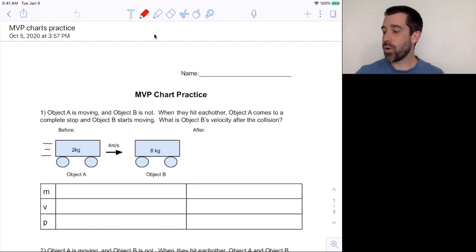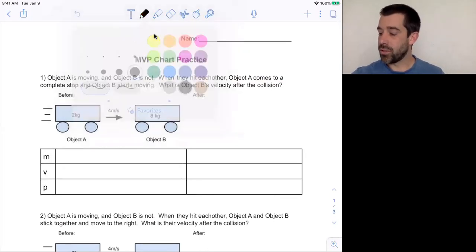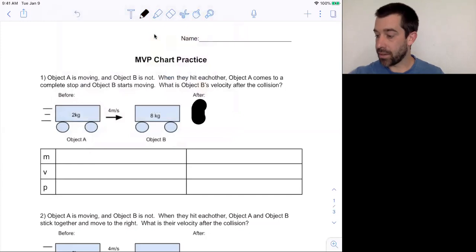All right, so question one, first thing to realize, we got to be able to understand the situation. So it says object A is moving and object B is not. When they hit each other, object A comes to a complete stop and object B starts moving. Okay, so I'm going to go ahead and draw that so that I know kind of what's happening.